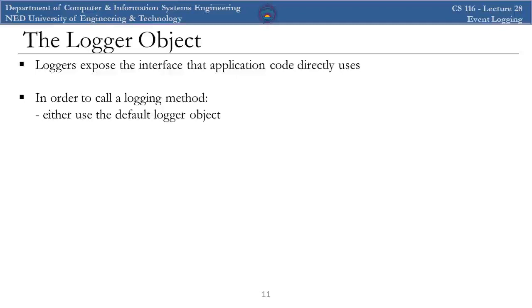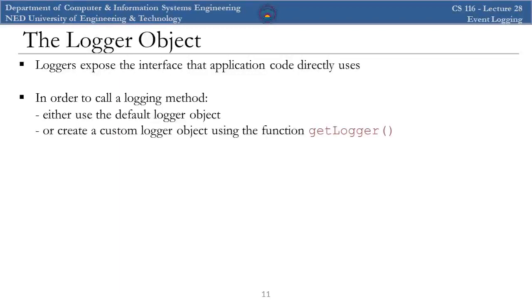So wherever you see the name root, that means it's the default logger. Apart from this, there is a function called getLogger. You can use this getLogger function to create a custom logger object. I'll show you shortly how to use this getLogger. In fact, I'll show you both the approaches shortly in the upcoming slides.